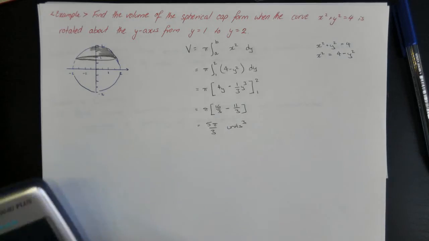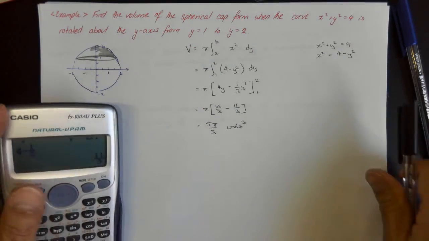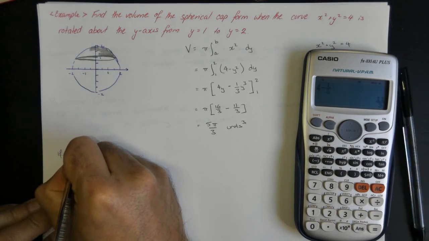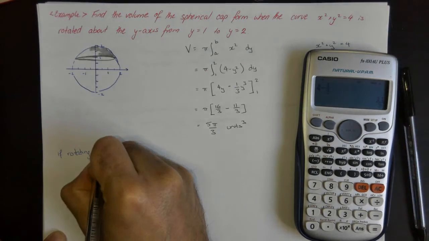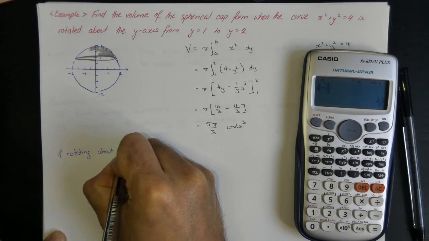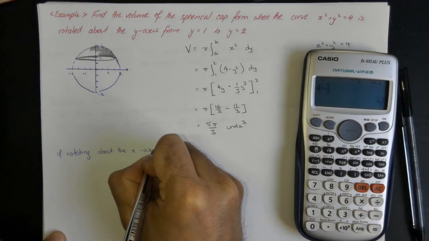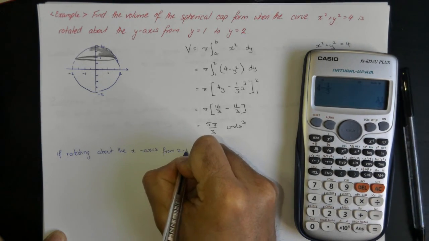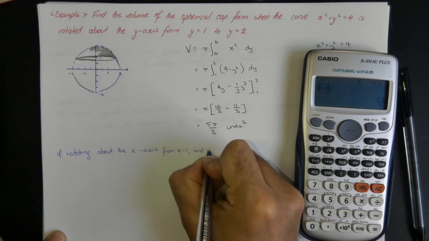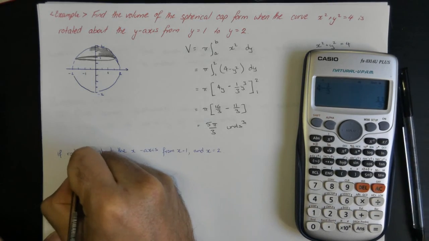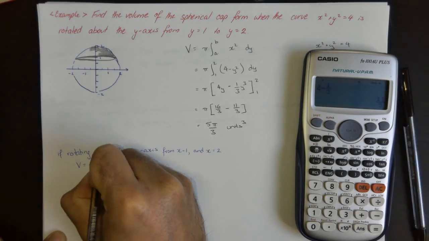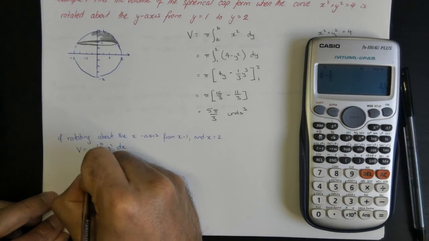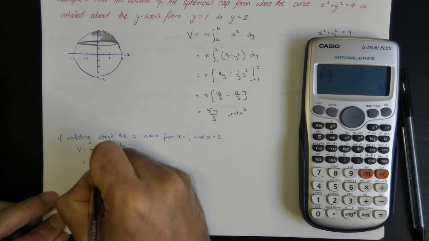Okay. Now, obviously, if I wanted to rotate it around the x-axis, from x equals 1 to x equals 2, what we'd have then is y squared dx from 1 to 2.